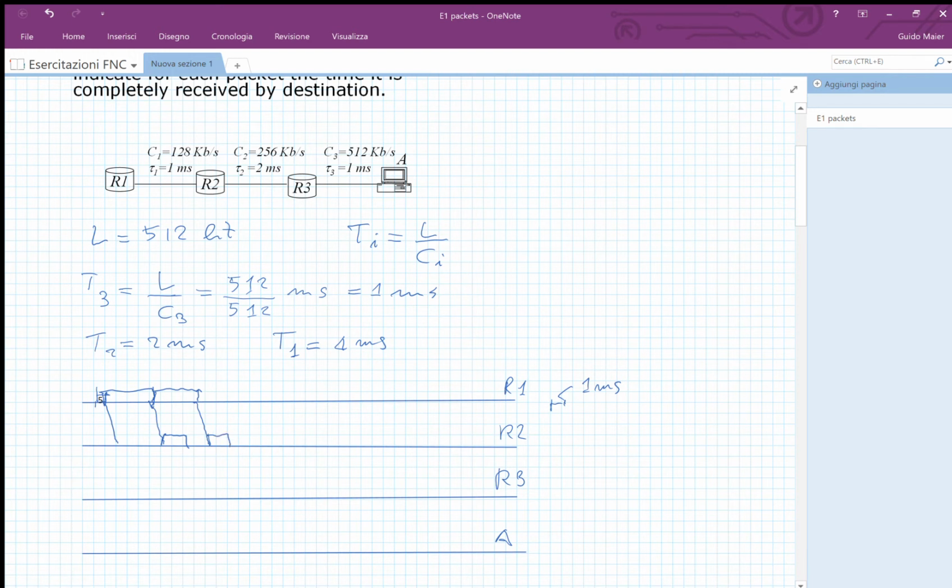So the first thing that you should take care of when you are drawing this kind of graph is if the packets are transmitted immediately or if they have to wait to be transmitted, because the output interface is busy transmitting other packets that arrived previously. Then the two packets propagate on the second link, and they will take 2 milliseconds to get to R3.